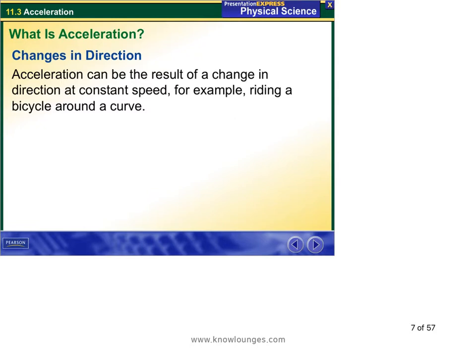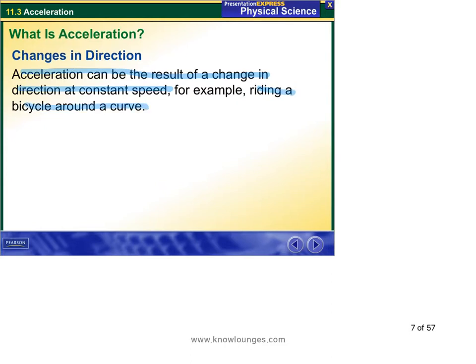Changes in direction are also acceleration. So even if we're moving at a constant speed, if we're changing directions, we are accelerating. Example here, riding a bicycle around the curve.